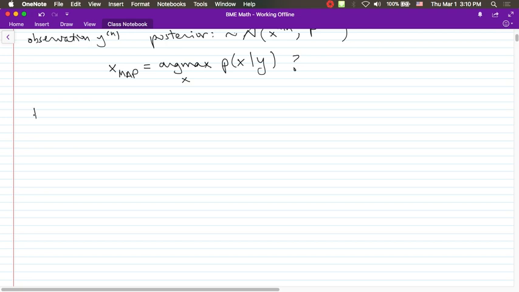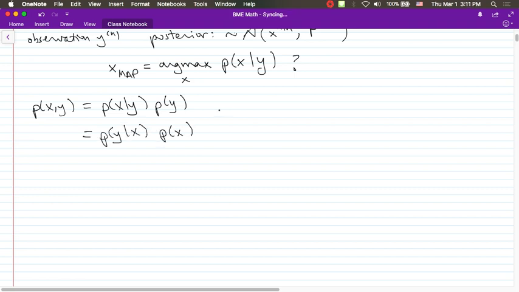So you know that when you take a joint probability p of x and y, you have the conditional probability times p of y. And that's the same thing as writing it this way. And so we get Bayes' rule.